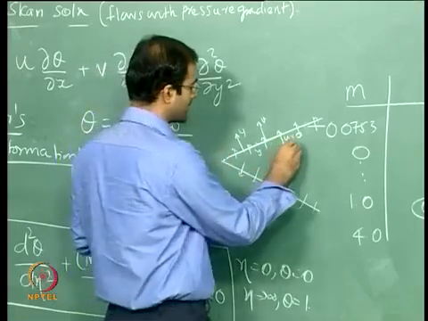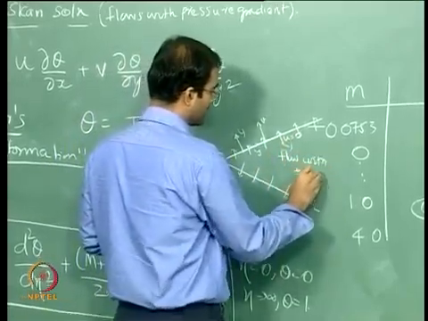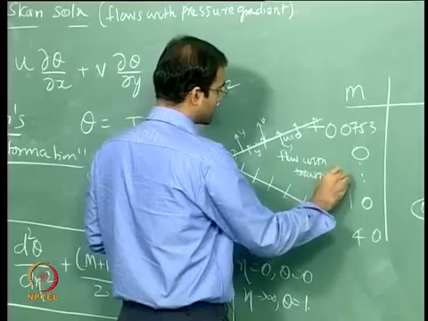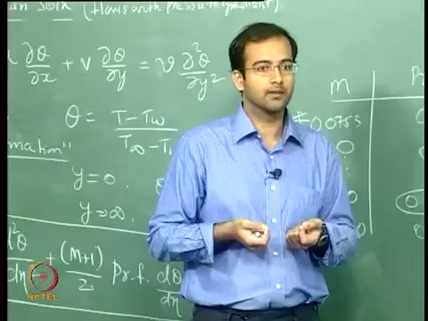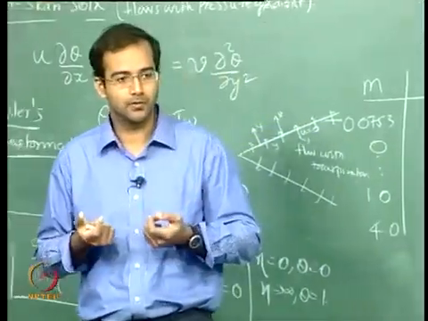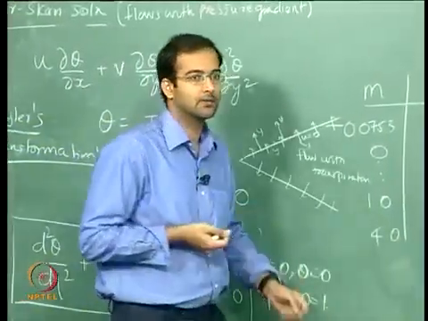So this is a typical flow with transpiration. In that case, you can have a small value of vertical velocity at the wall. It will not be that much, but it will be small. Typical applications are in boundary layer separation control.